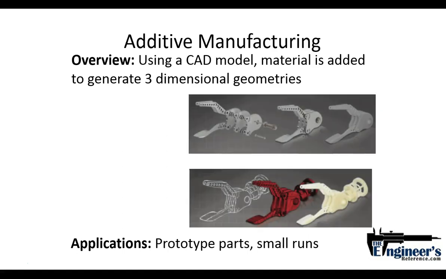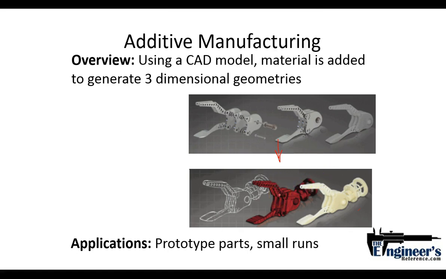Here's an example. There was a robotic arm, and for another design, designed for manufacture and assembly application, the component was made in separate pieces and assembled together. And using 3D printing or additive manufacturing, the entire component was made as one single piece. So this eliminated any of the assembly that was required.